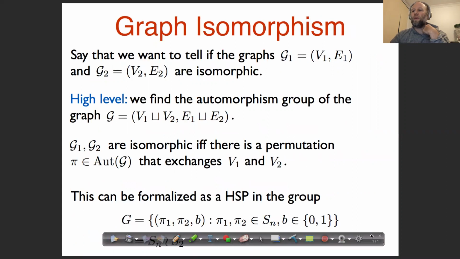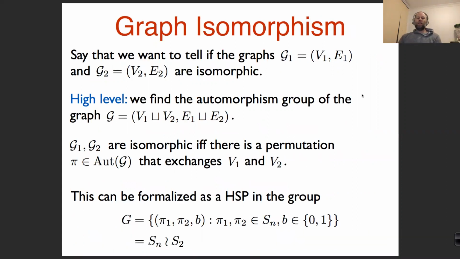So let's go back to that. Essentially, the idea of why the graph isomorphism problem is also an instance of the hidden subgroup problem is, if we're given graphs G1 and G2, we just build a bigger graph, where the vertex set is the disjoint union of the vertex sets of these two graphs, and the edge set is the disjoint union of the edge sets of these two graphs.